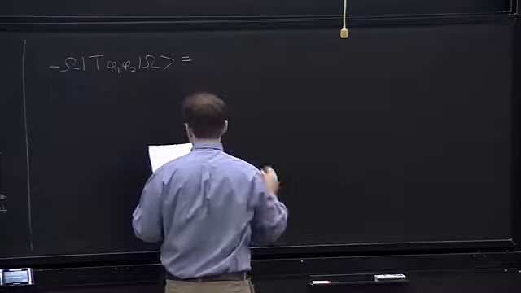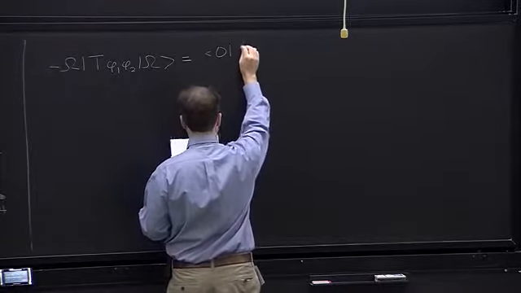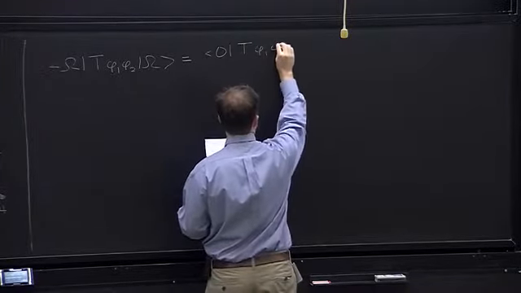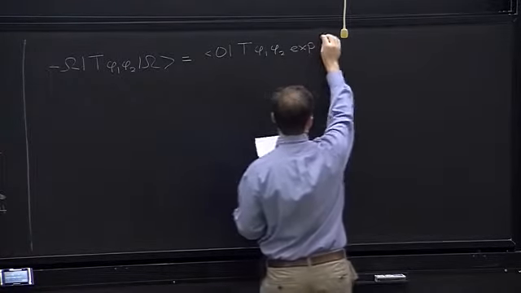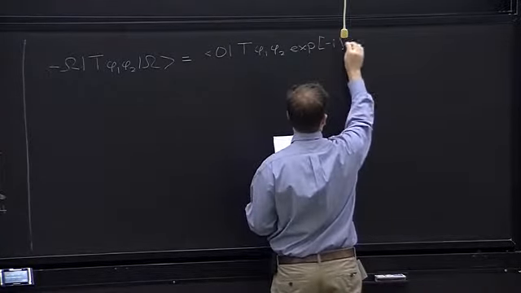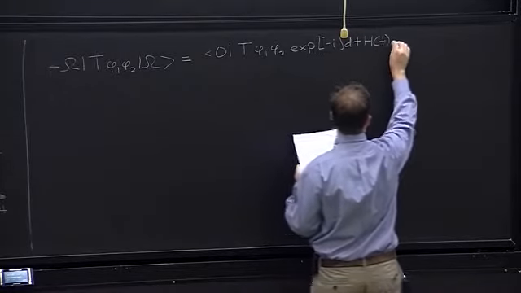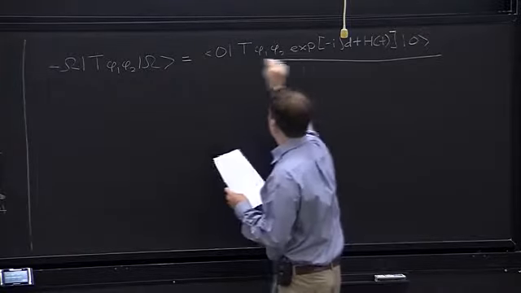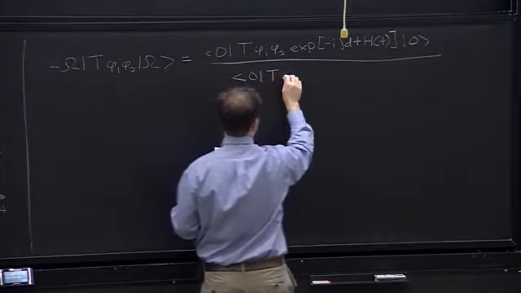So last time, we saw that we could write this just in terms of a ratio of time-ordered products of free fields with this exponential factor that came from Dyson's formula. And then the denominator was the same, just without the extra fields.